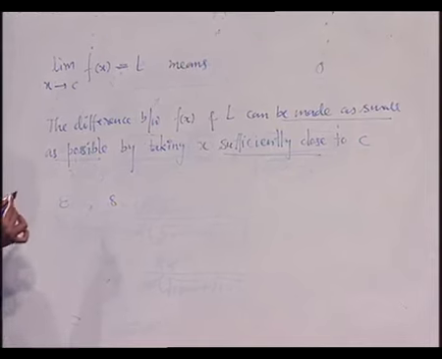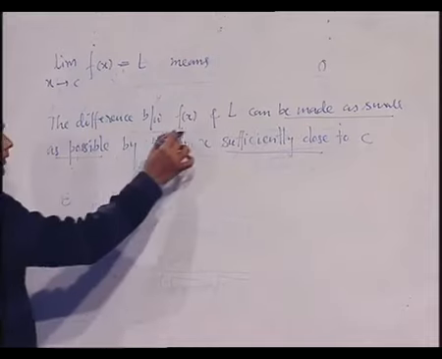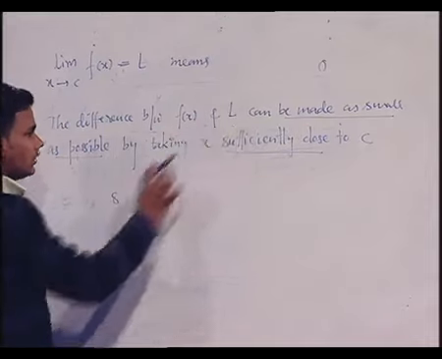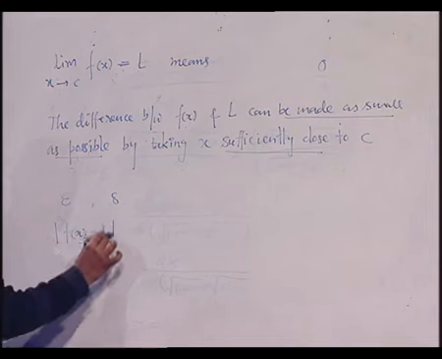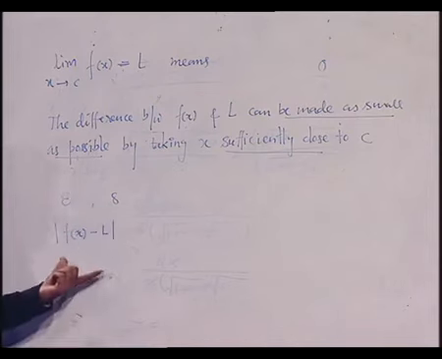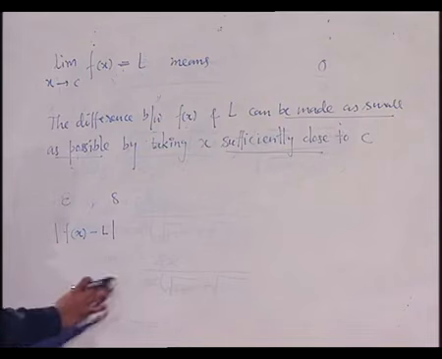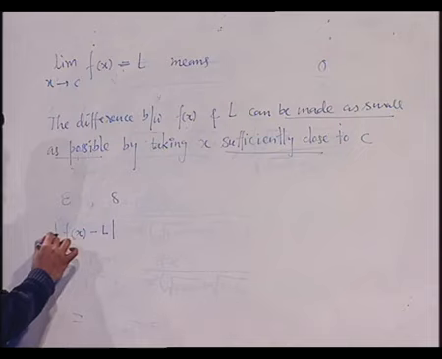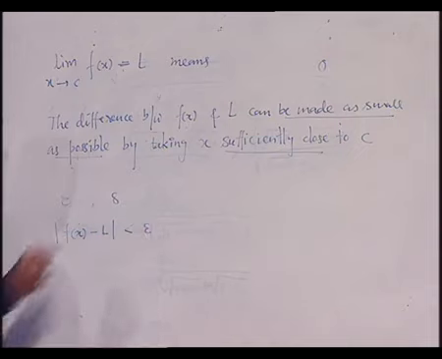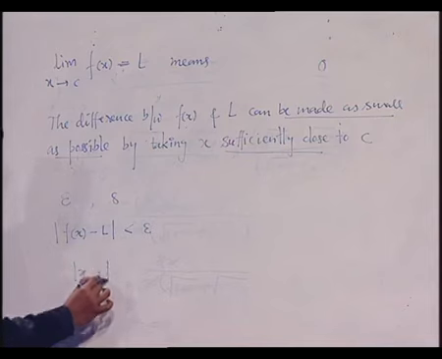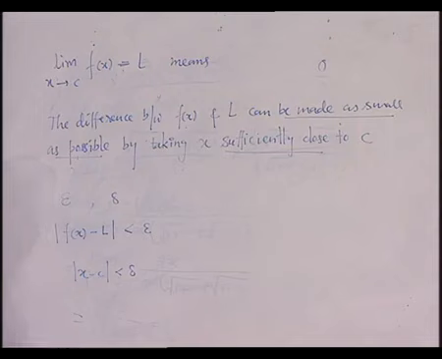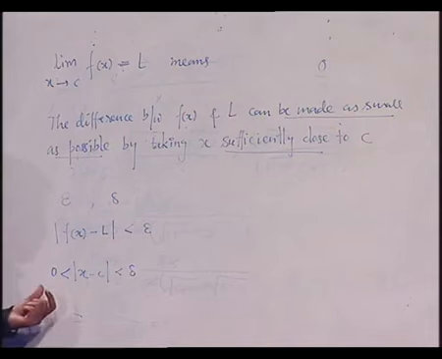You know how to represent the difference between two numbers. f(x) and L are two real numbers, so their difference can be represented as mod f(x) minus L. This difference being small means that mod f(x) minus L is less than epsilon, and x sufficiently close to c means mod x minus c is less than delta, and if x is not equal to c, we take this difference to be positive.